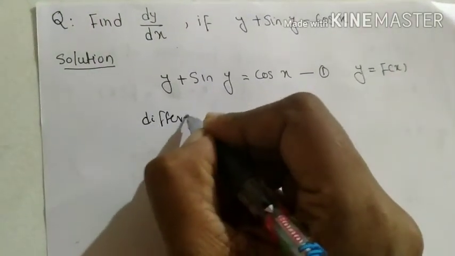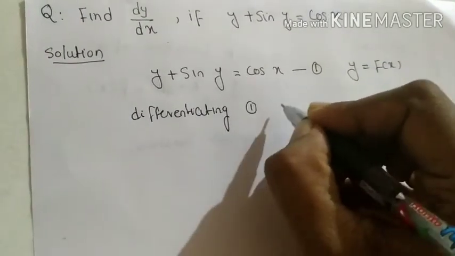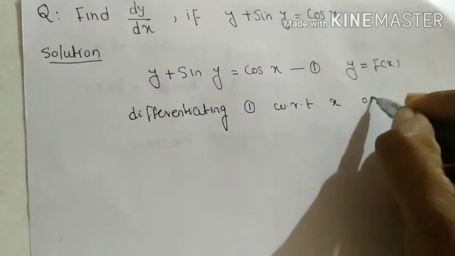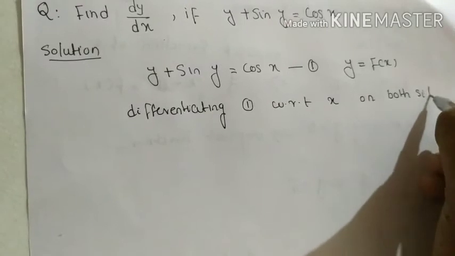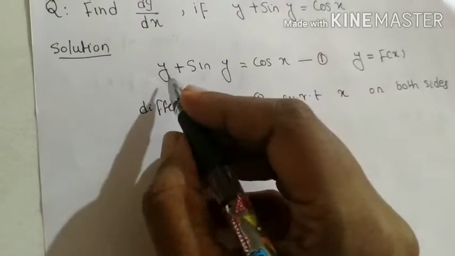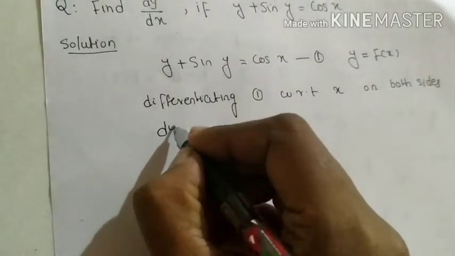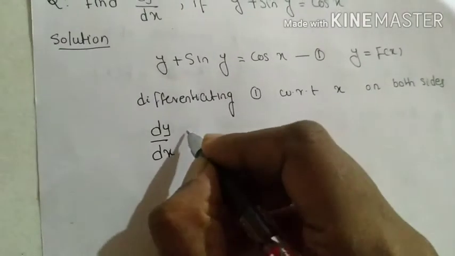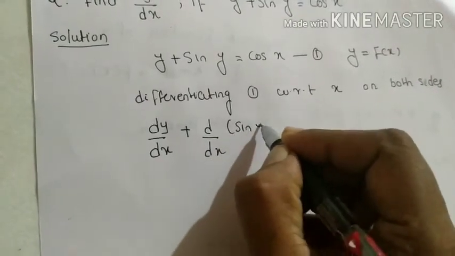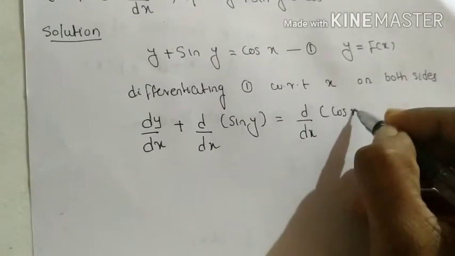Let's name it as equation number 1. Differentiating equation number 1 with respect to x on both sides, we get derivative of y with respect to x, that means dy by dx here, plus derivative of sin y equal to d by dx of cos x.